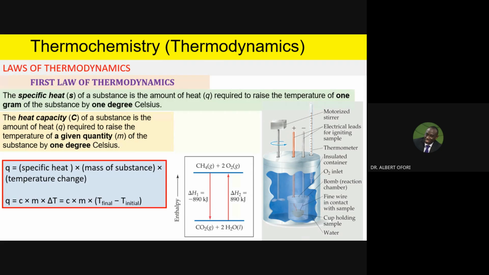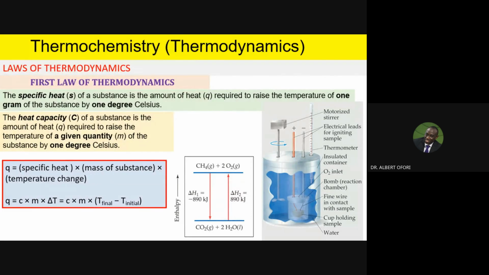With the bomb calorimeter, that's where we get the unit for heat in terms of calories. Energy, which is also measured in joules, we can also measure in calories, which we shorten and call cal. Cal comes from calories, which is another unit for energy, in this case heat energy.